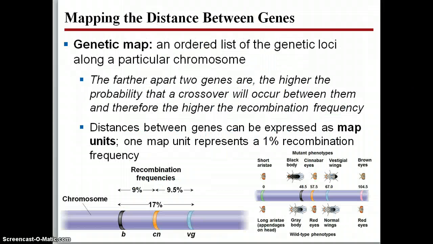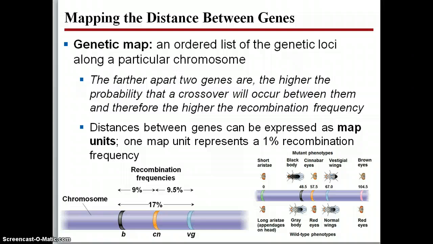What we can do with that percentage is we can make a genetic map. This is just an ordered list of the genetic loci along a particular chromosome. What scientists have determined is that if you have a higher percentage between two genes, that would indicate that they are farther apart on a chromosome, meaning that they're more likely to cross over because they're farther apart.